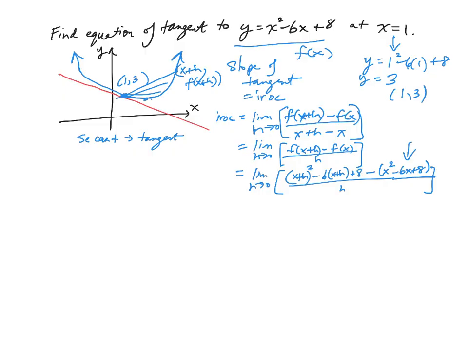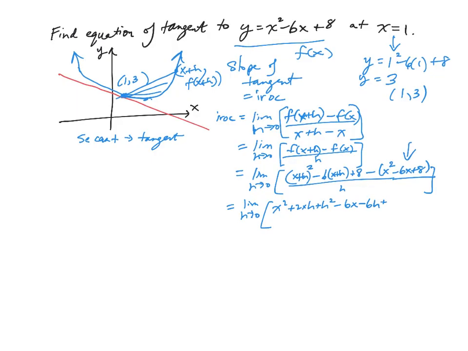And then what we do is a bit of algebra. First thing we're going to do is expand the (x plus h) squared, and of course we're not going to forget the middle term. We're going to expand this other little bracket here, making sure we don't make a mistake there. It's actually minus 6x minus 6h.